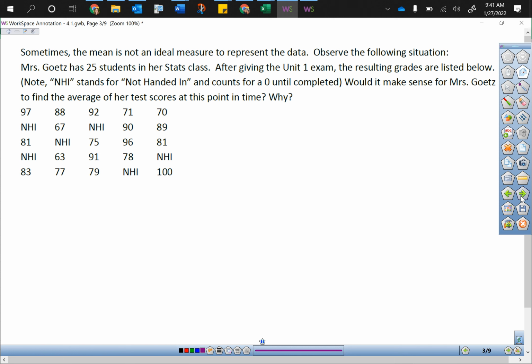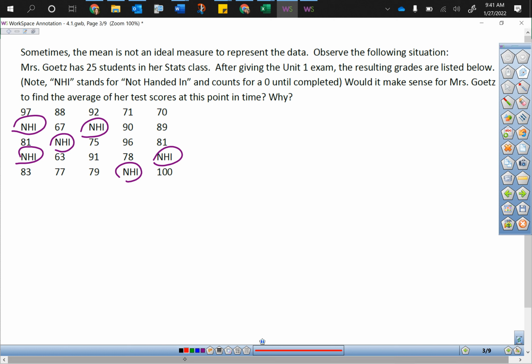Would it make sense for me to find the average of my test scores at this point in time? Why not? Yeah, all of these NHIs, we have 1, 2, 3, 4, 5, 6. All of these NHIs would drastically drop that grade. It would drastically impact the average score. It's not an accurate reading, right?